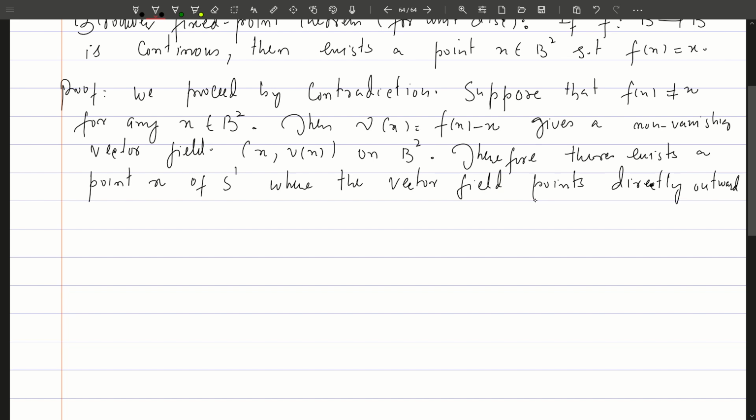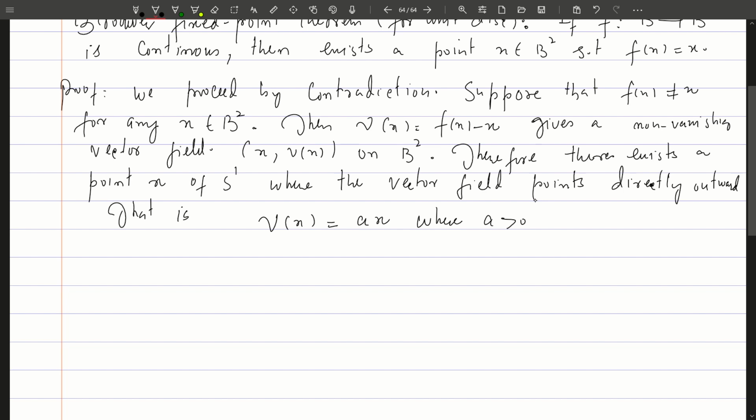That is, V of x will be equal to a times x, where a is bigger than 0.